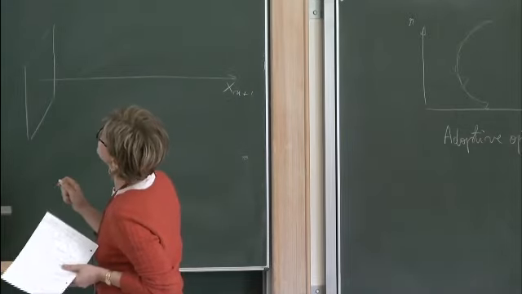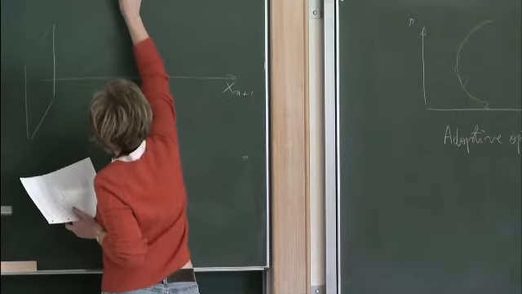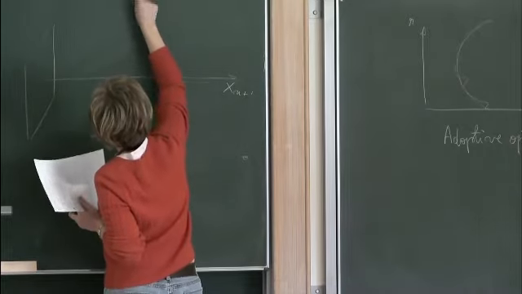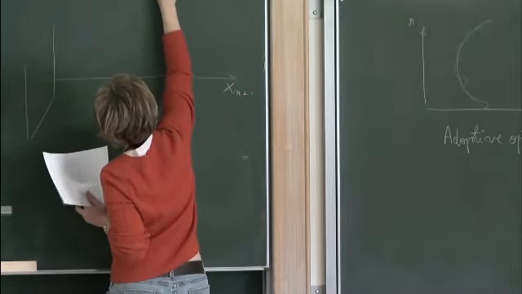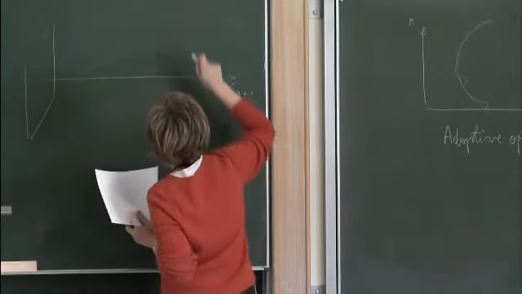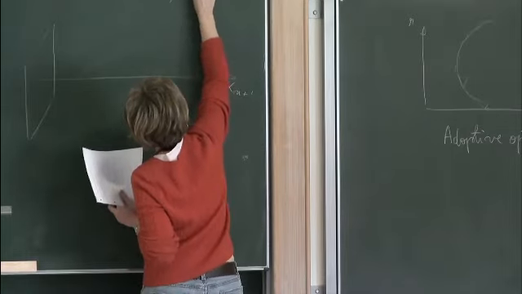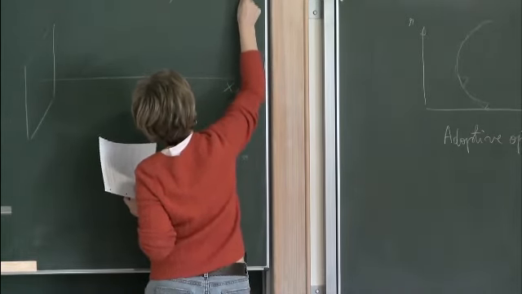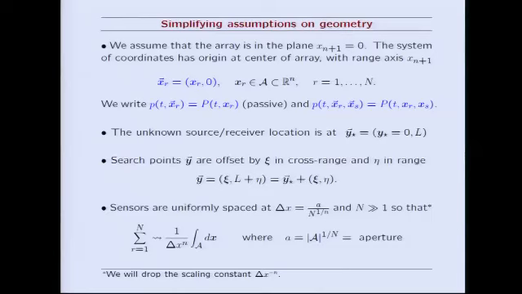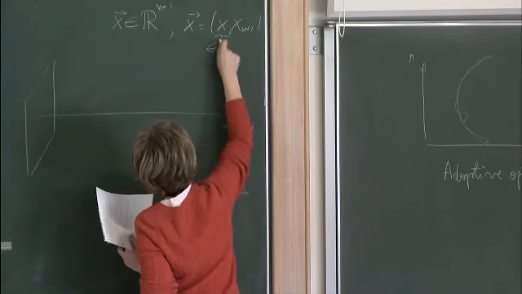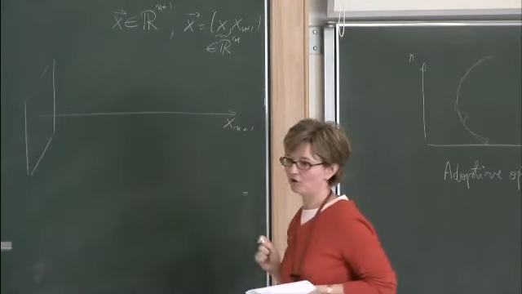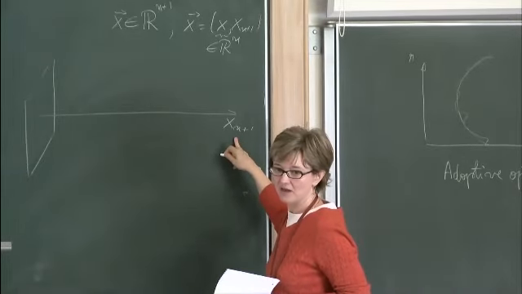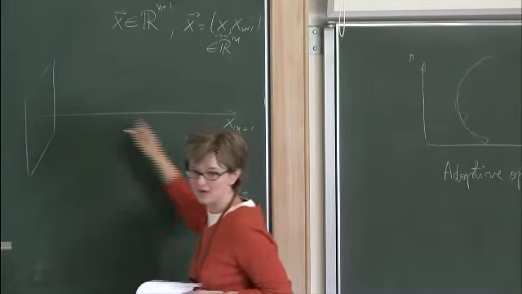I'm in n+1 dimensions, so I'm going to use this notation: x with an arrow is a vector in R^(n+1). I'm going to write it in the form x and x_(n+1), where x is an n-dimensional vector and x_(n+1) is what we call the range direction. This is the direction of propagation of the waves.